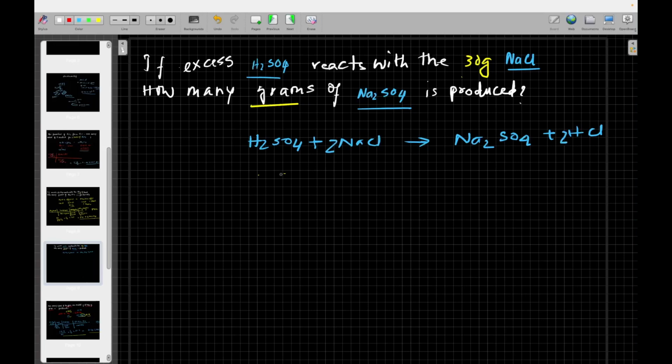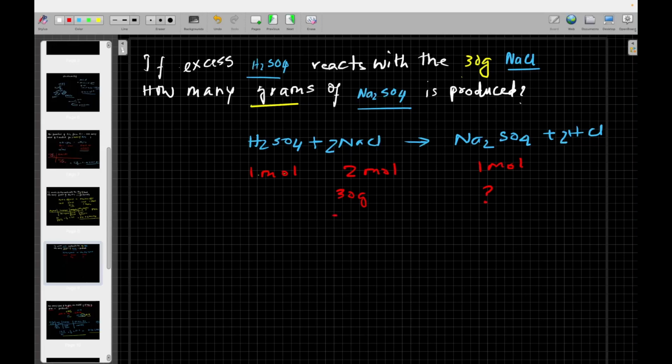We find that 1 mole of H2SO4 interacts with 2 moles of sodium chloride to produce 1 mole of sodium sulfate. The information shared is that 30 grams of sodium chloride is used, and we need to know how many grams of sodium sulfate is produced.